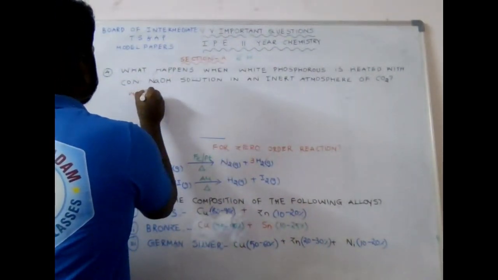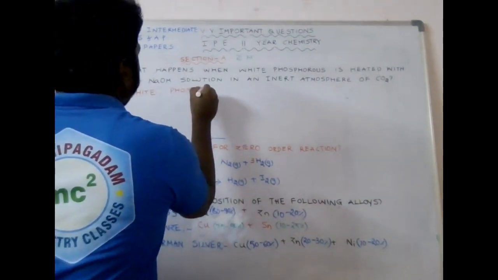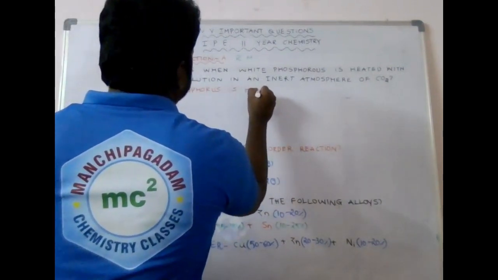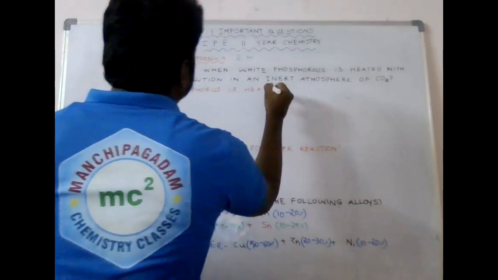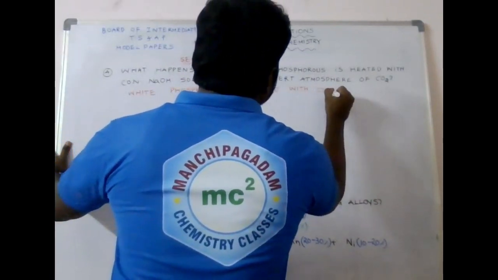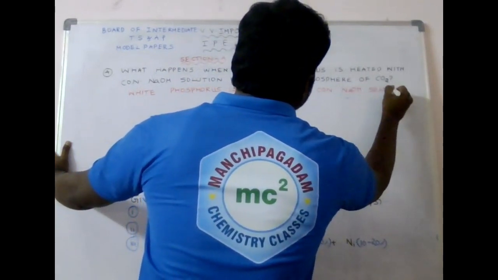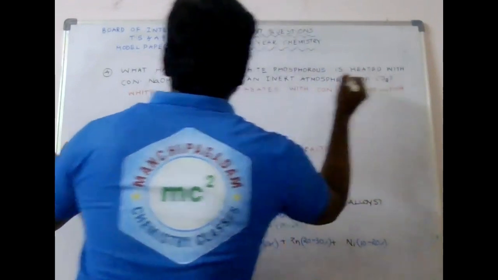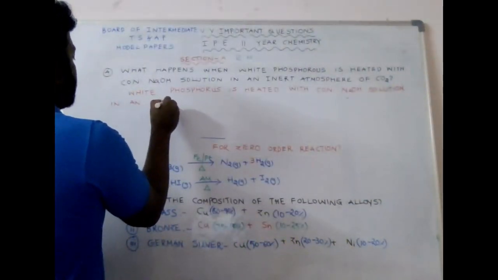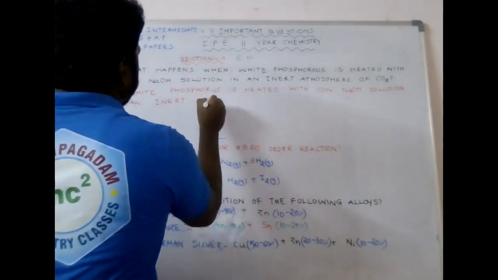White phosphorus is heated with concentrated NaOH solution in an inert atmosphere.